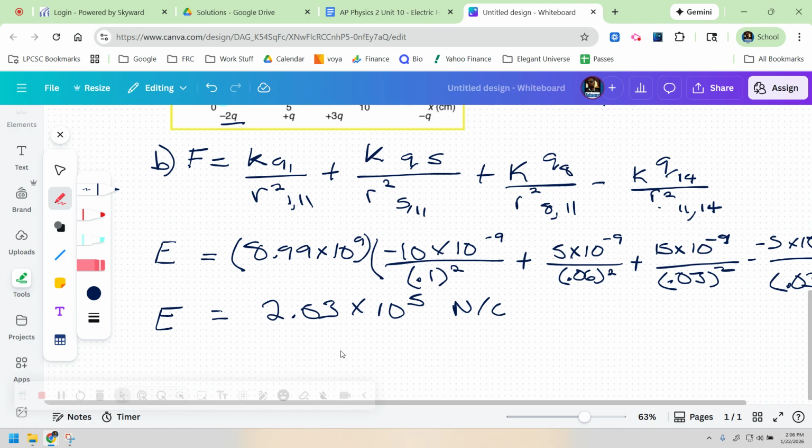So that's a positive charge, so the electric field's going to be pointing to the right. Okay.